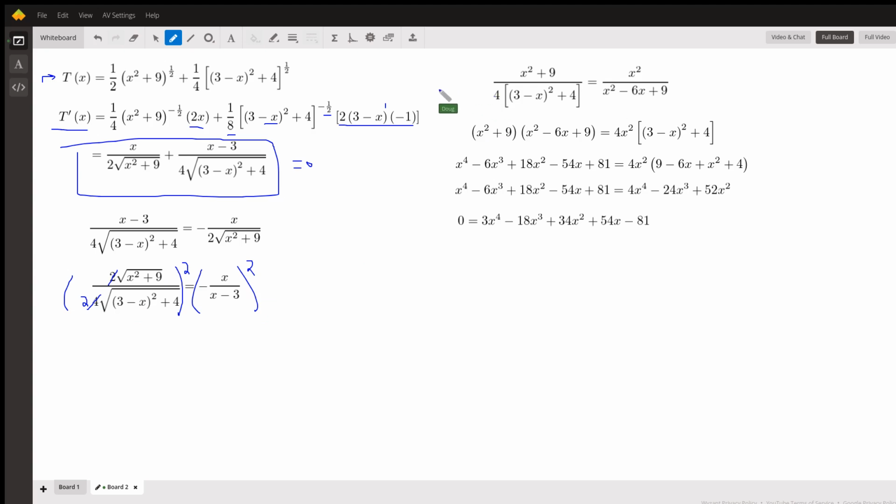And this is what you get. By the way, this 4 comes from that 2 squared. And after you've squared both sides, then you've got to cross multiply, combine similar terms, set it equal to 0, and solve that equation for x.